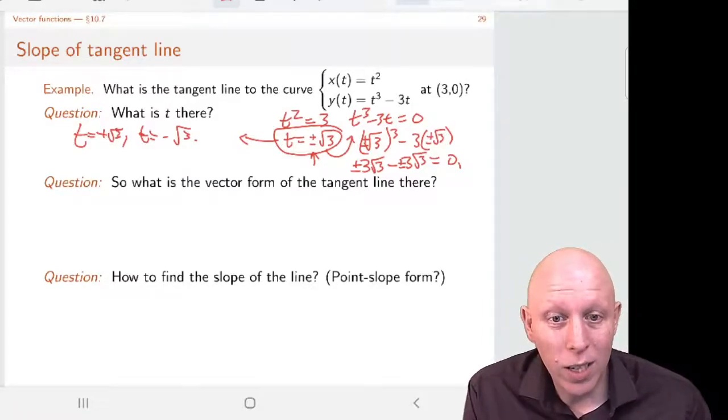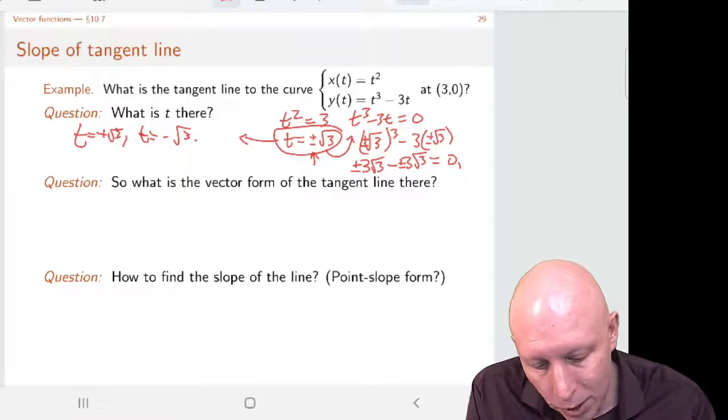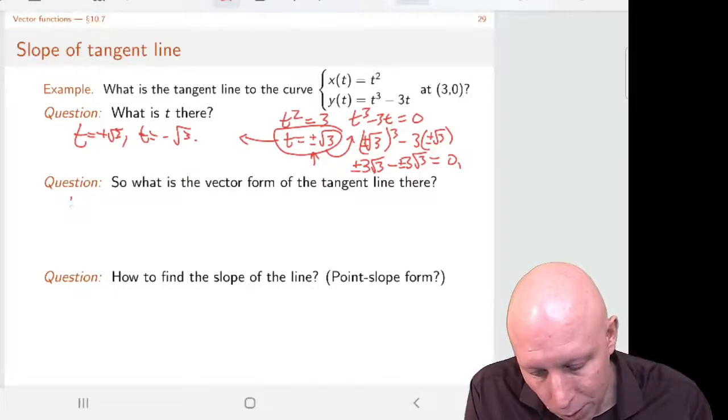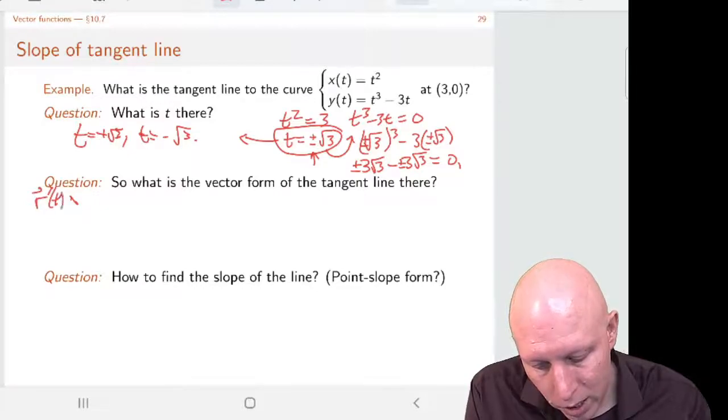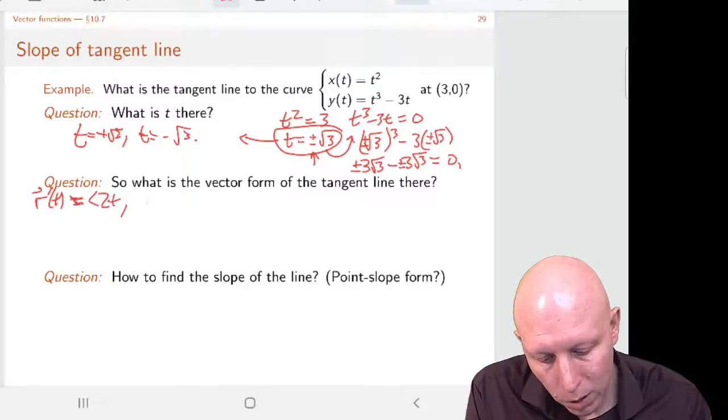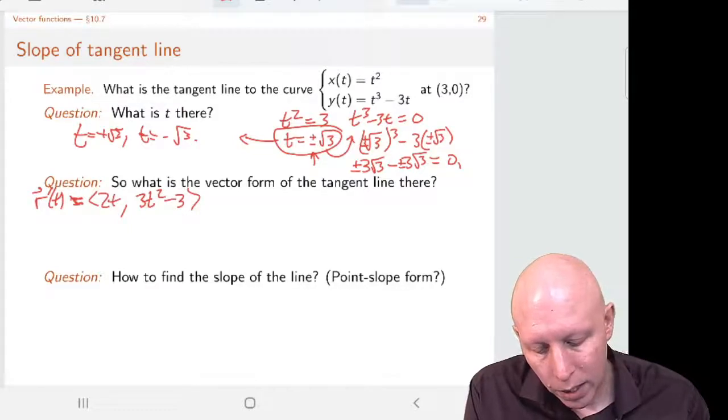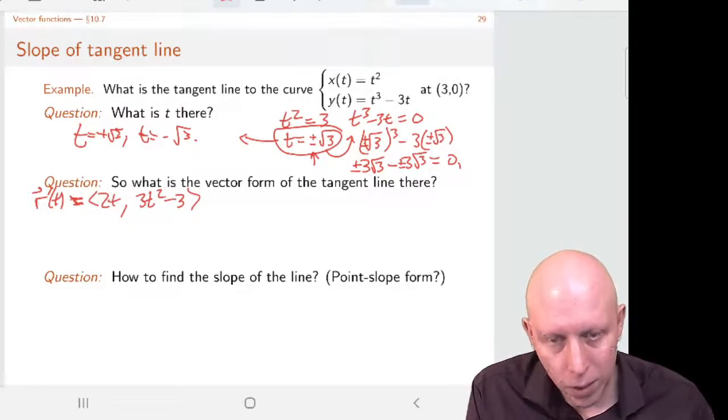So now if we're going to write the vector form, we need to take the derivative. So let's do r prime of t is equal to (2t, 3t squared minus 3). And now we need to plug in the values.